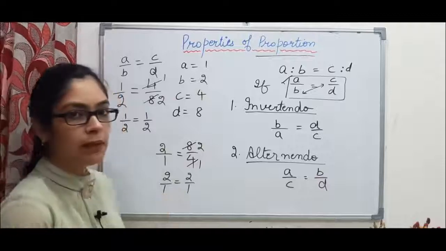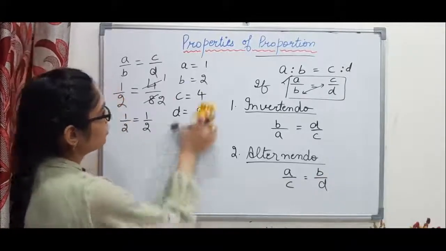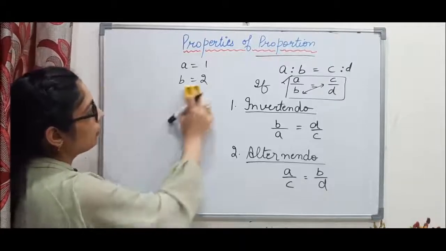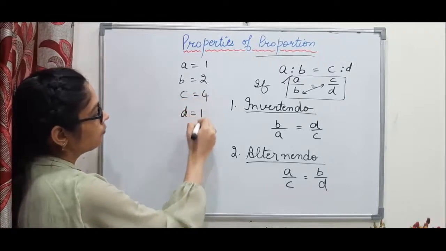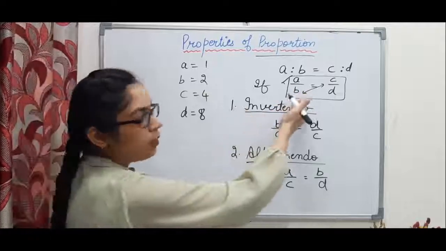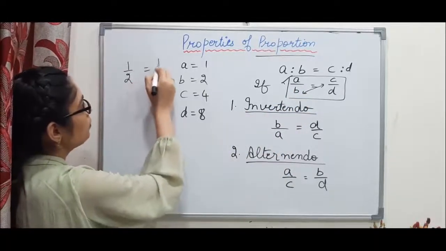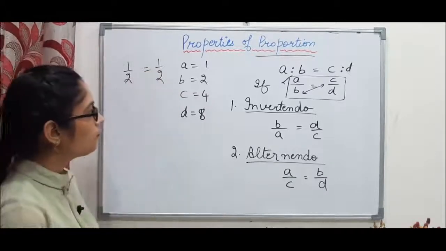Let's check with the same example and verify. Same numbers: A, B are 1, 2 and C is 4, D is 8. We know A by B is equal to C by D, the value of both is 1 by 2.